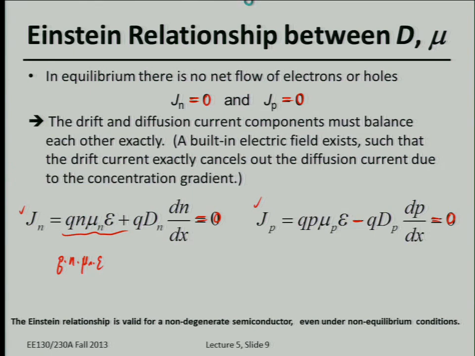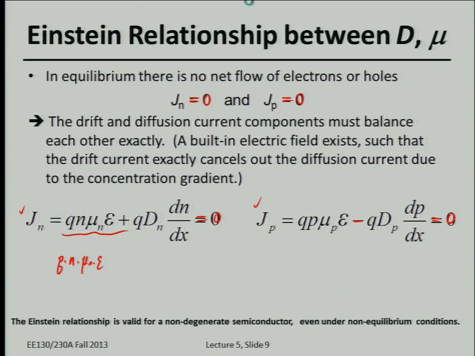The built-in electric field we're going to write as kT over q times 1 over n times dn/dx, for this specific problem, and we have to balance that with the negative diffusion term. So that has to be equal to minus q times Dn times the concentration gradient of electrons.